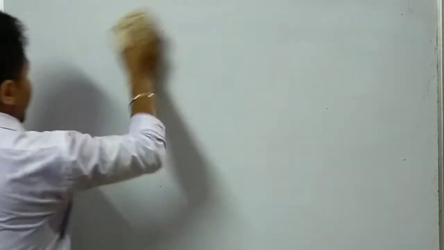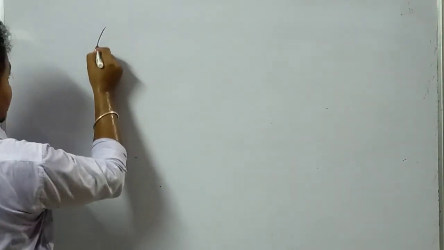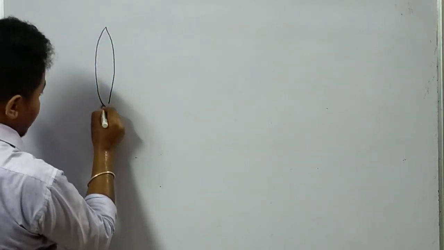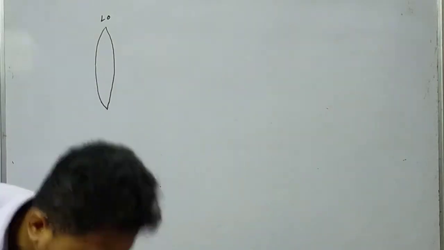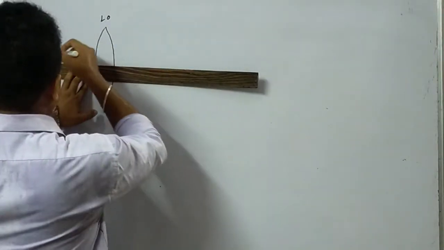As I mentioned, we'll use two lenses here, and suppose this is the bigger lens, and this lens is the objective lens. It will have its principal axis.